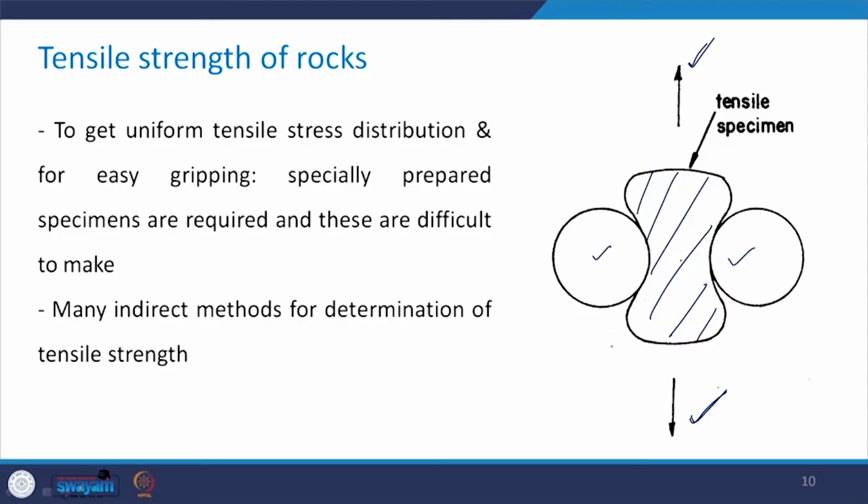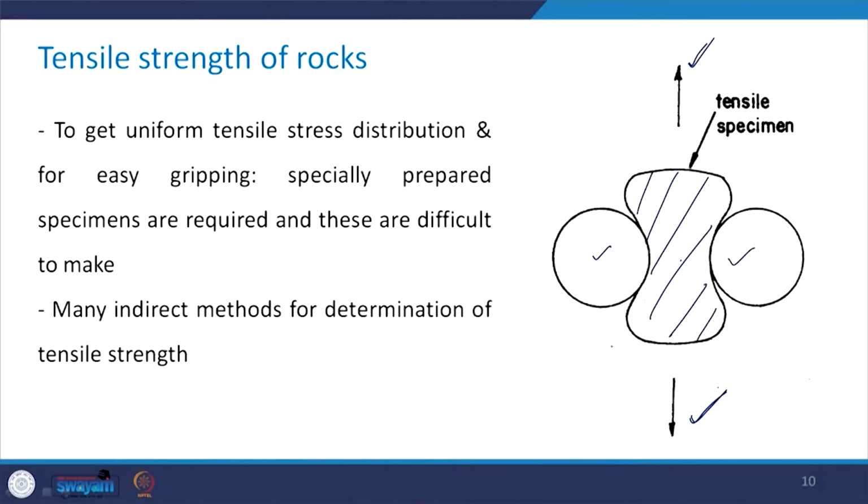For example, here I have given with the help of this picture, this is a briquette shaped specimen. You see, this is the specimen. How will you make it? This is very difficult, and the rock is not a material which can be molded in any shape. So, it is not that easy to make these specimens.